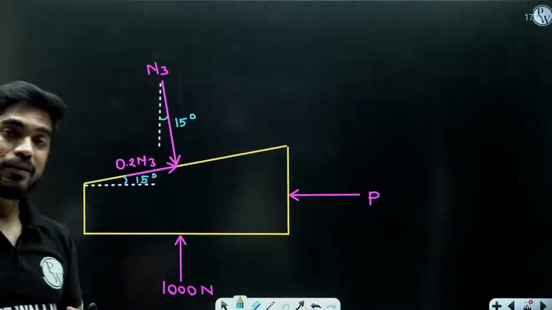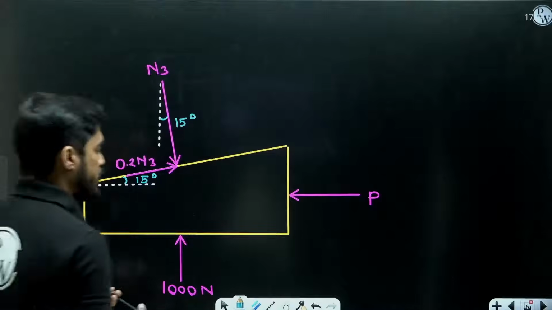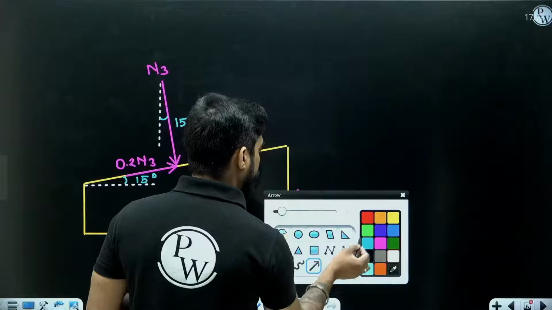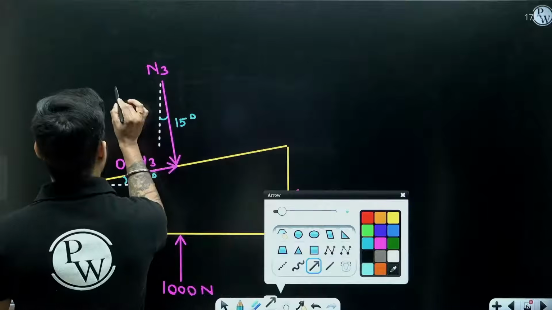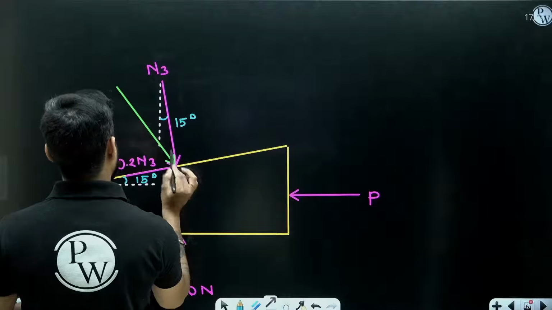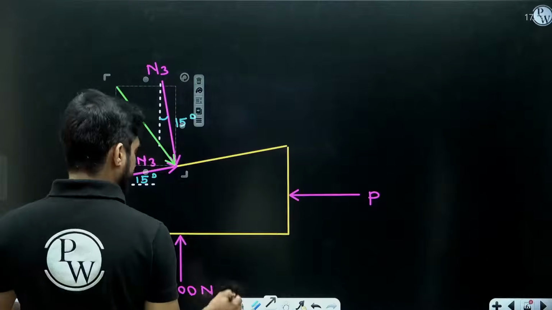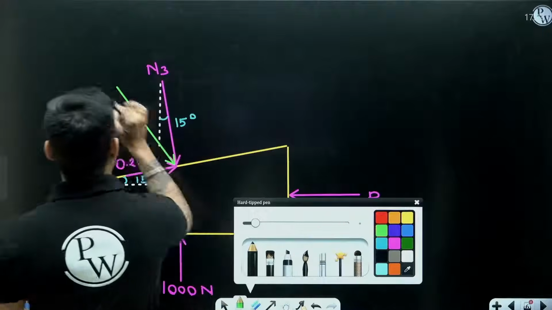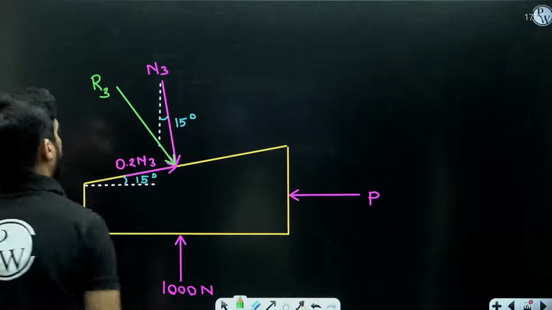Now we will choose the second option, because I want you to understand the concept of taking the resultant. This is the resultant of N3 and mu N3. Let me call it R3.